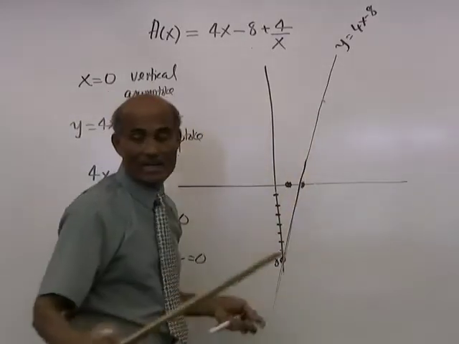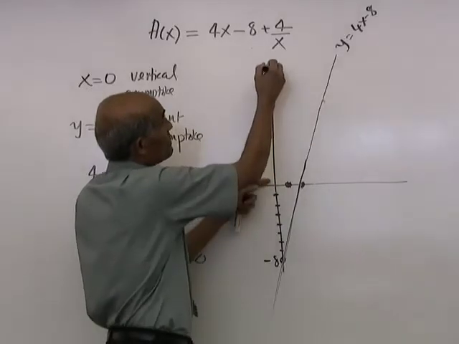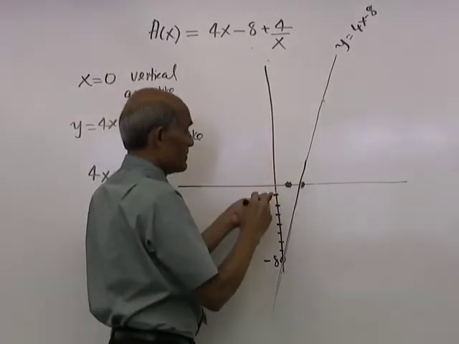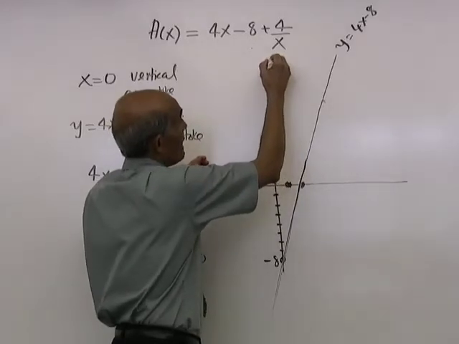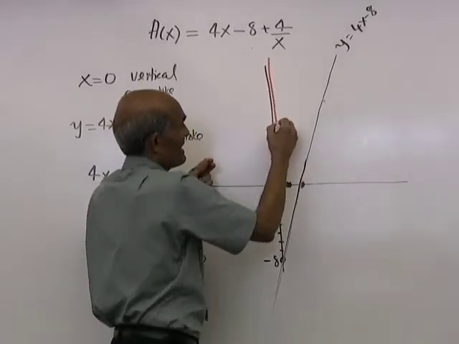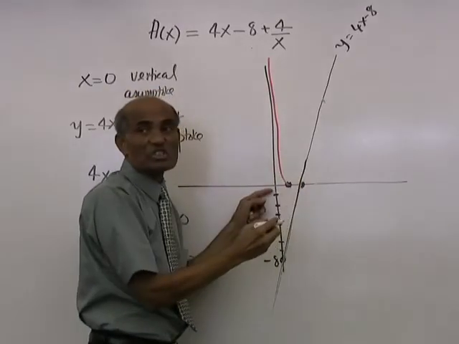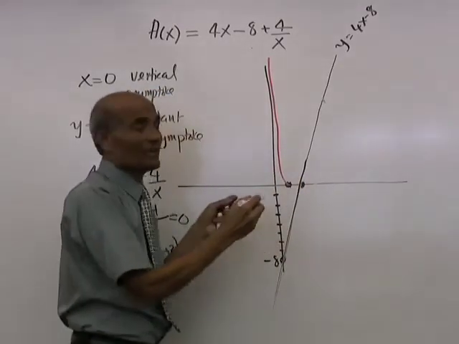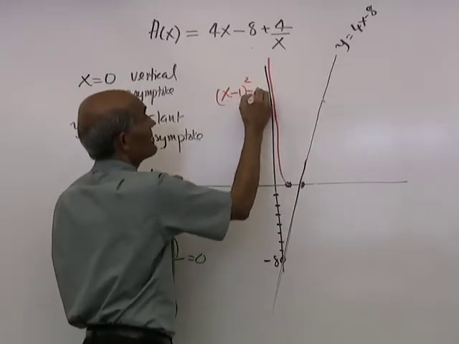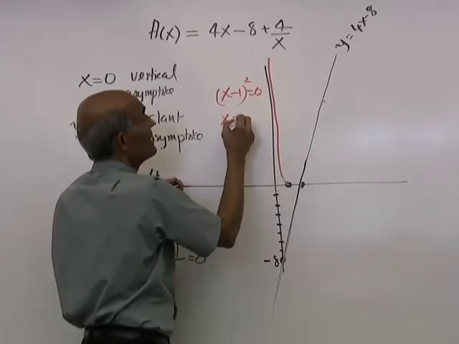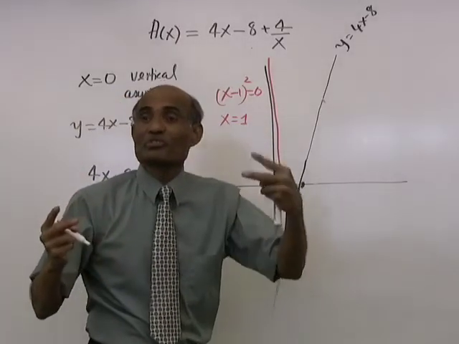And as x gets closer and closer to 0, the graph goes to positive infinity. So the graph will come from positive infinity. It will touch the x-axis here. How do you know it just touches and doesn't cross? Now remember, x minus 1 squared equal to 0 gives you x equal to 1 twice, of multiplicity 2.